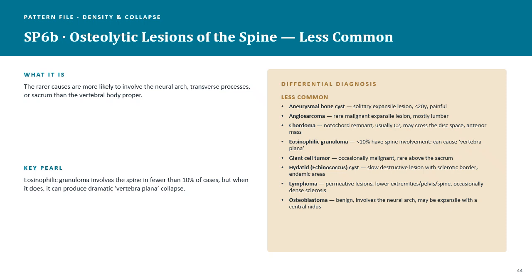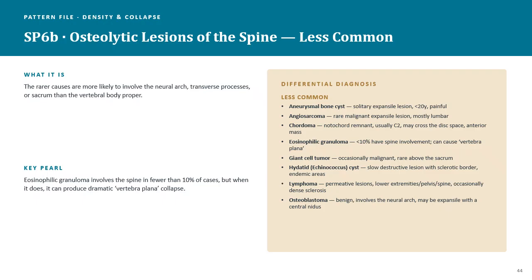An aneurysmal bone cyst is usually seen in younger patients, typically under the age of 20. It is benign, but it can expand the bone and cause a lot of pain for the patient.